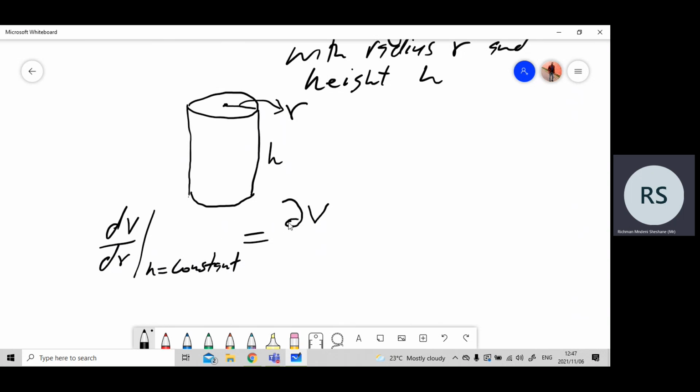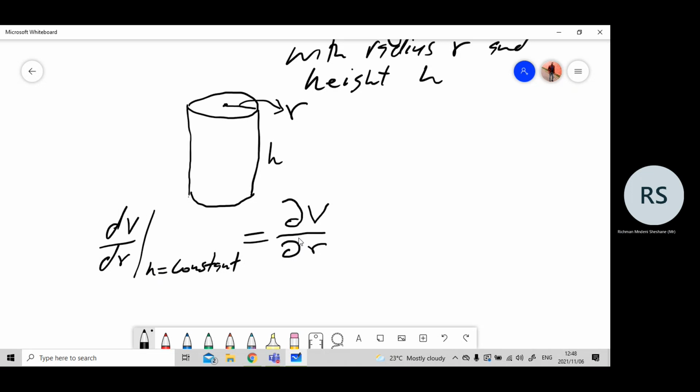So this means a derivative of V with respect to r, a partial derivative of V with respect to r while we keep the other variable constant. You see, we keep h as constant. So this is the same symbol as this one. It means we derive the function with respect to r, but if we write it like this, it means we're deriving the partial function while we keep the other variable constant.